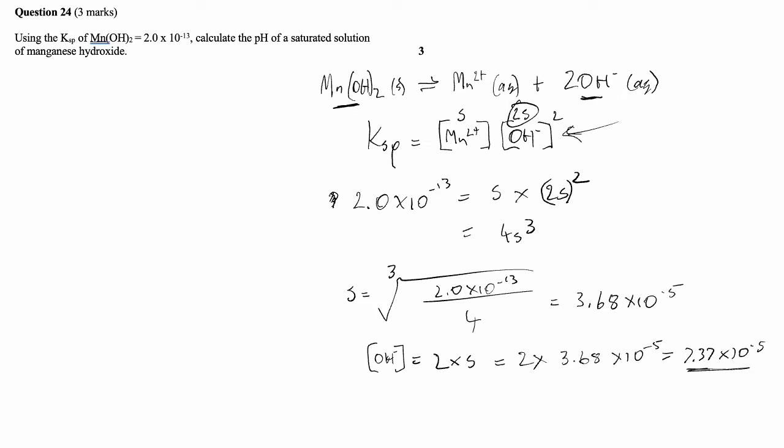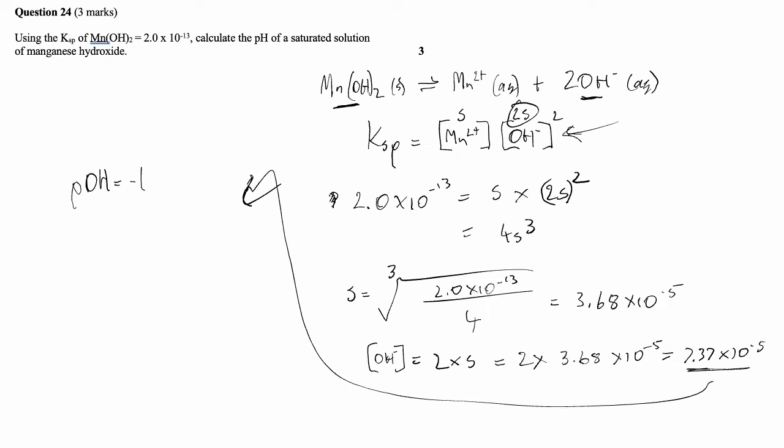We need to find pH, so only a couple of steps left to go. Hopefully you can see where to go from here. I'll come back up here because I'm running out of room. With 7.37 times 10 to the negative 5, pOH is going to be the negative log of 7.37 times 10 to the negative 5, which is 4.13.